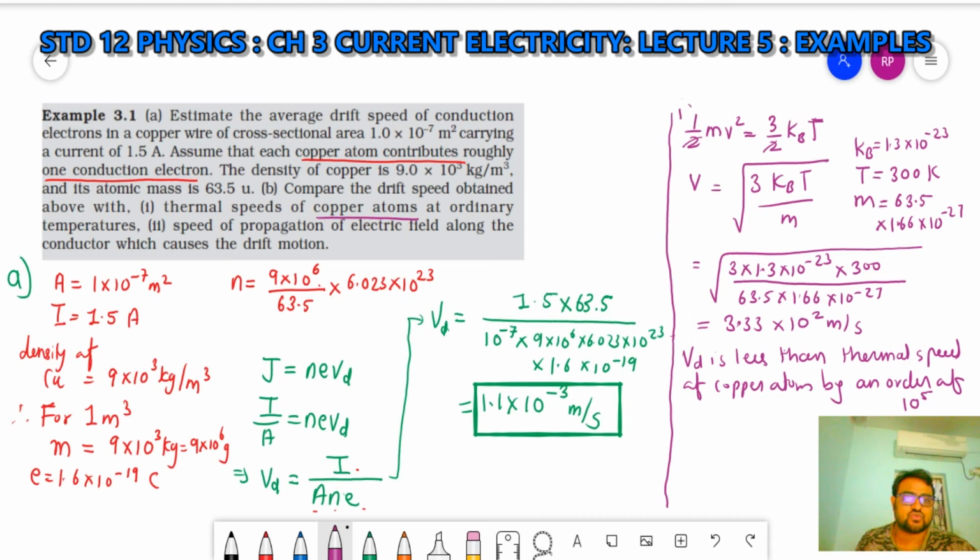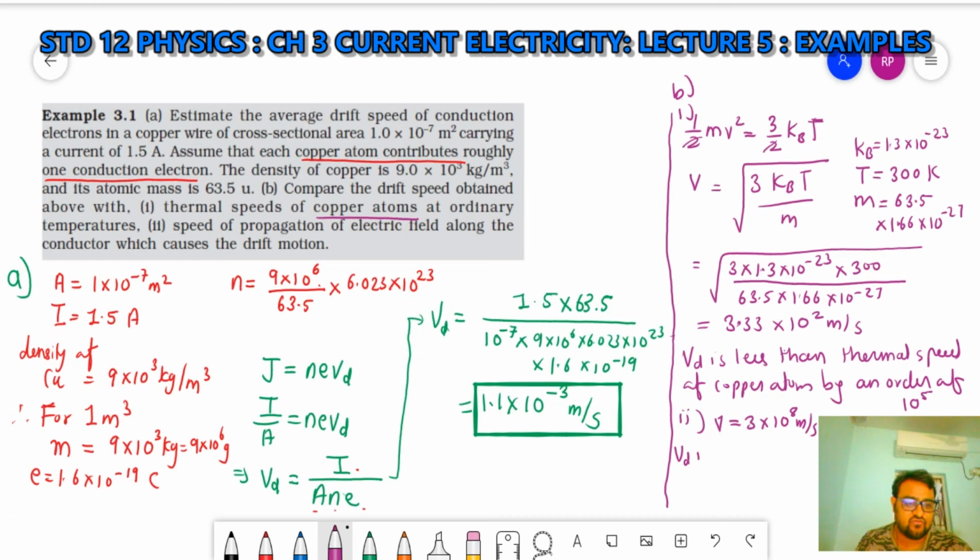This is the first part of B. Now the second one: you have to compare the speed of propagation of the electric field. That means it propagates in the form of an electromagnetic wave, and the speed of an electromagnetic wave is 3 into 10 raised to 8 meter per second.